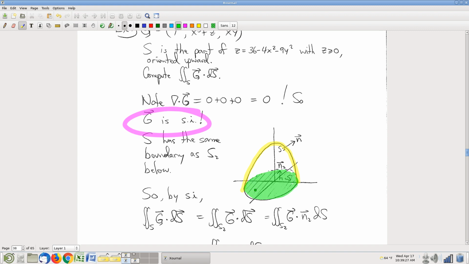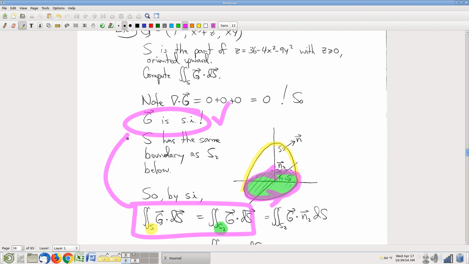That surface has the same boundary curve. So due to surface independence, I can say, phooey on the yellow surface, I'm going to choose instead this green surface. By surface independence. Everybody on board?